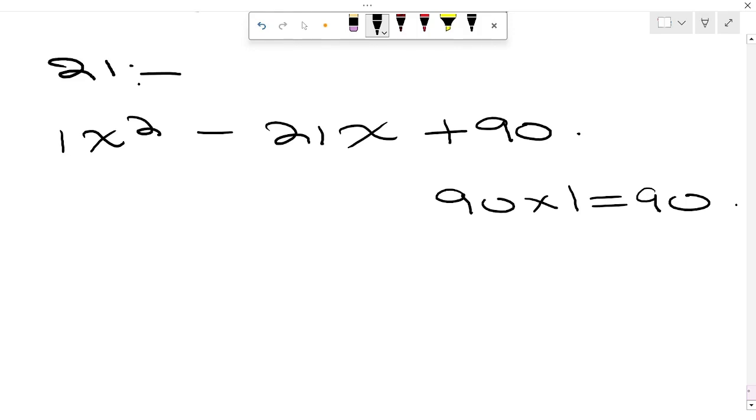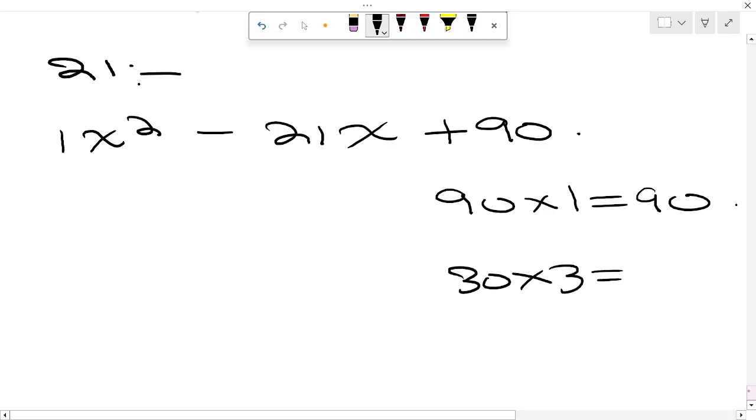So what will we do? If we multiply 30 with 3, it gives us 90. If we further divide 30, that results in 15, and so 15 multiplied by 6.